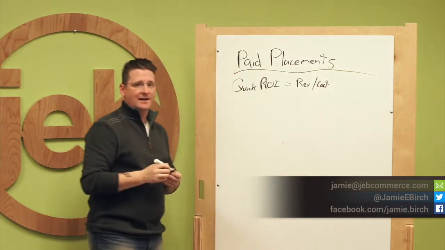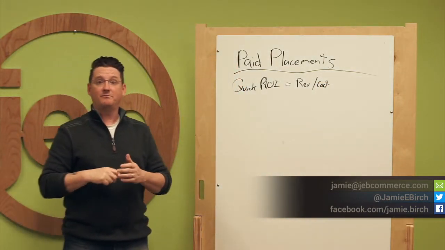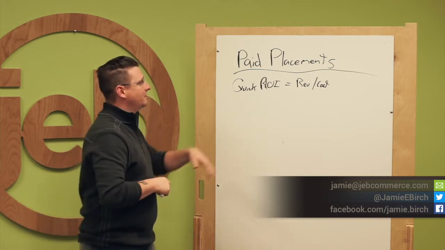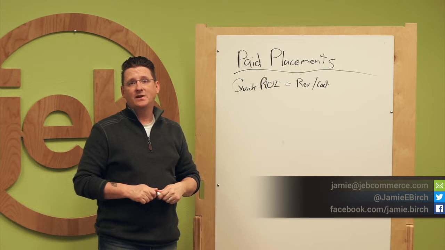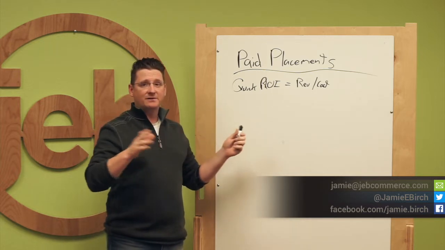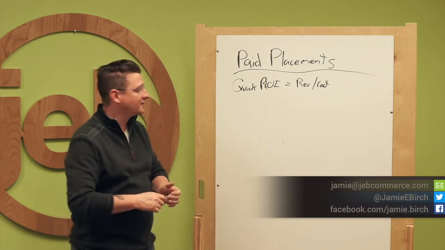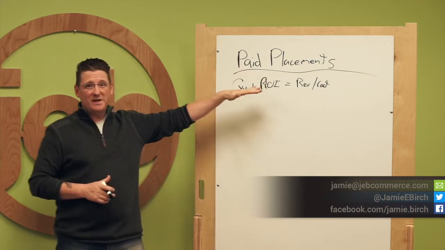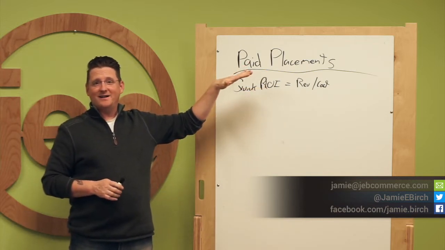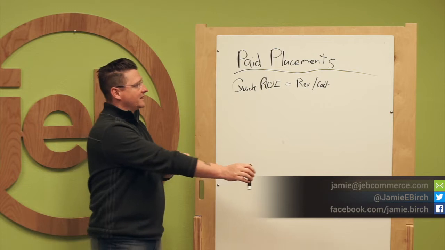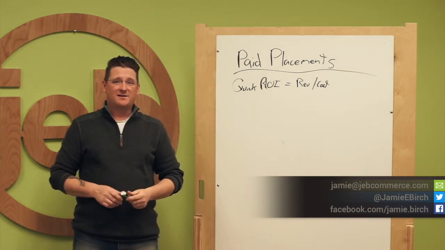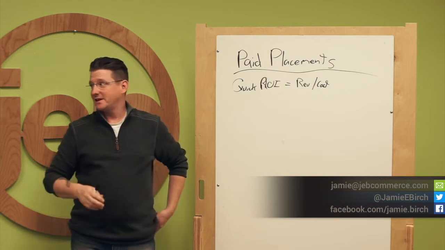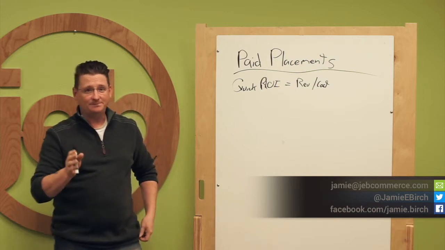And so you should get like a 2x or a 10x or a 1000x ROI when you take the revenue generated from that paid placement for that time and divide it by what it cost you. So there are some real big limitations here on this basic formula. One is, what if you would have gotten those sales anyway, and in the end, all you did was end up costing you more?